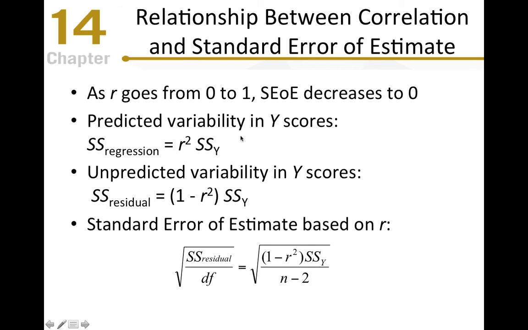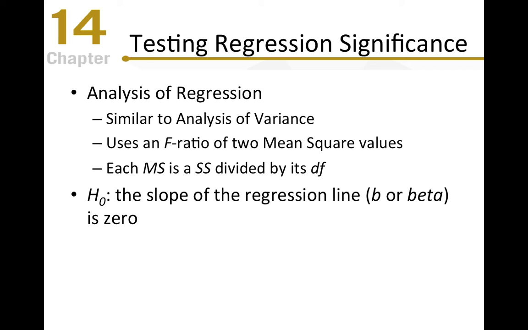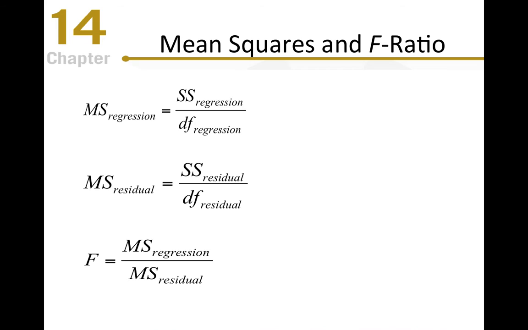We can go back here to sum of squares for regression. So this is again going to be our correlation coefficient squared, multiplied by the sum of squares of y. The degrees of freedom for the MS for regression is actually just 1. And so what you find is that this value up here is just going to be equal to the sum of squares for the regression.